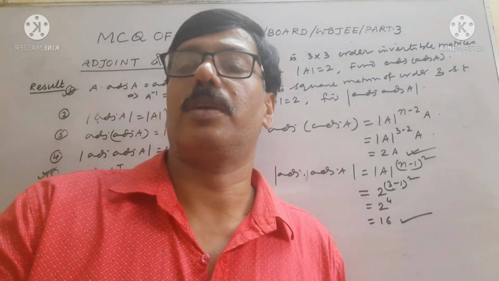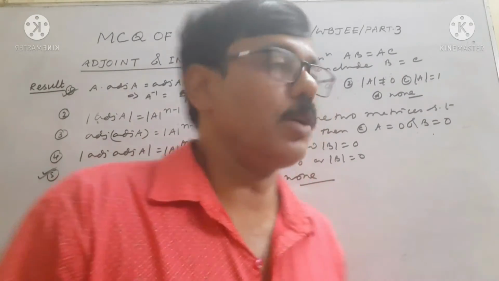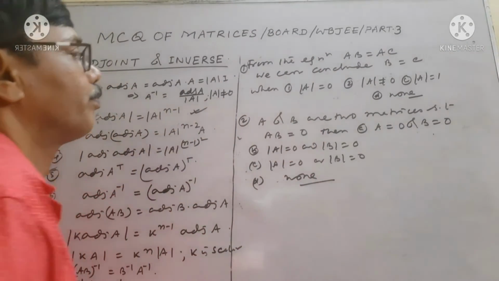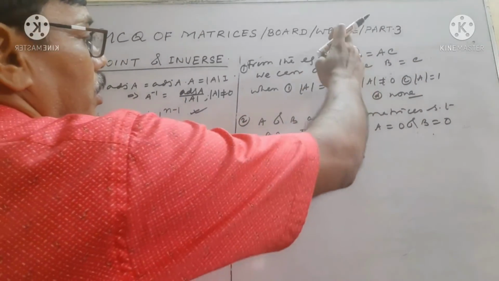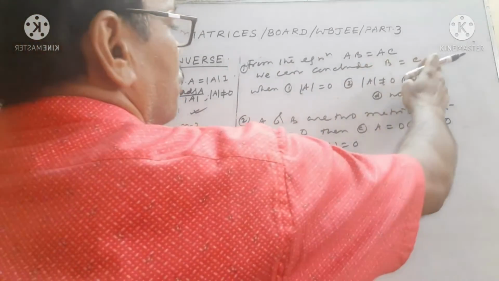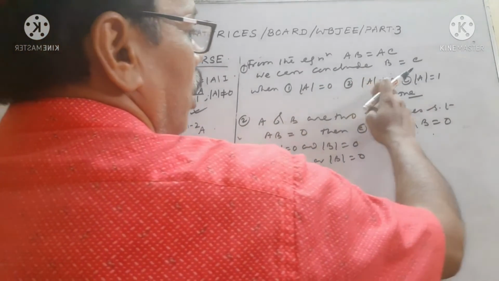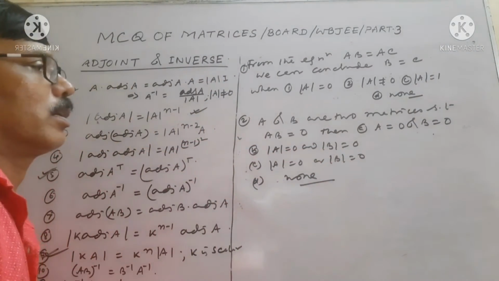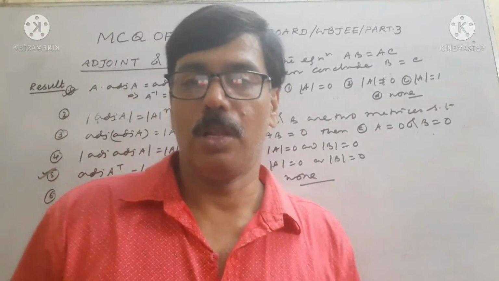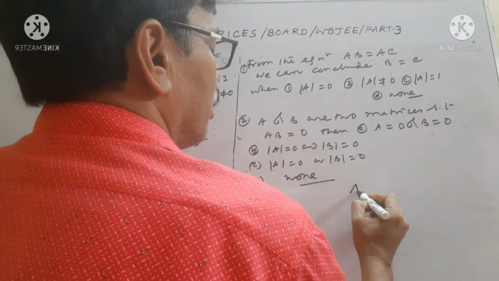Next. Now you consider two more problems. From the equation AB equals AC, B equals C implies: A is singular, A is non-singular, determinant A equals 1, or none. This is a well-known result, called the cancellation law.